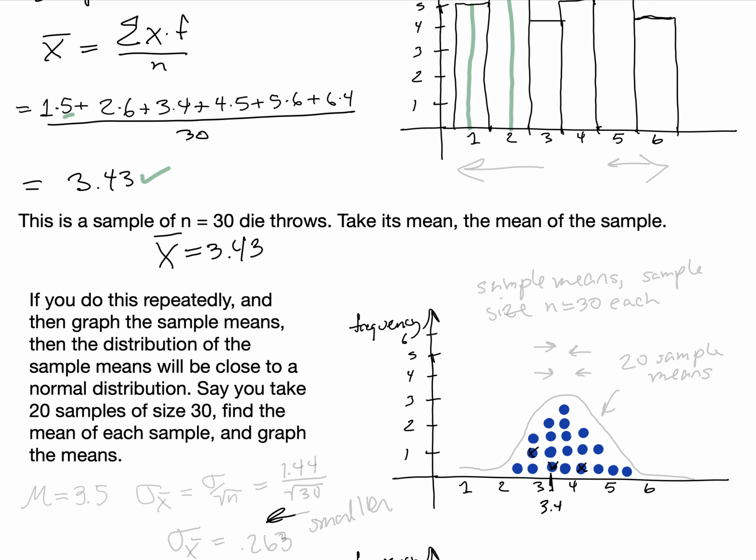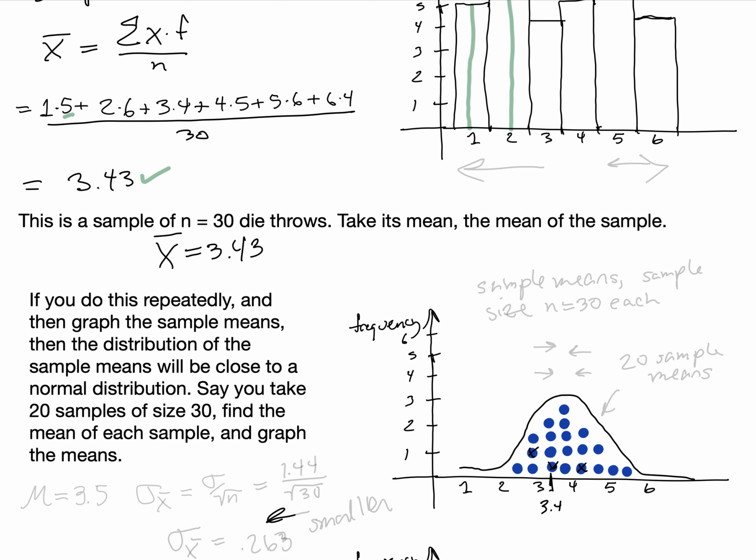We plot the sample means that we get. So we roll the die 30 times, we take the average, and then we plot this average. Then those sample means will get pretty close to a normal distribution. It might not be absolutely perfect, but it will be close.